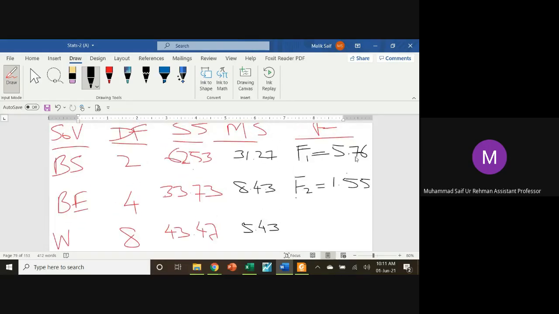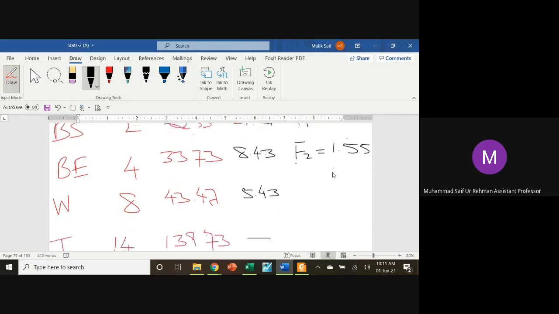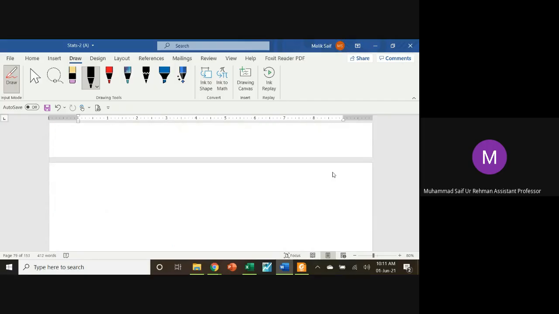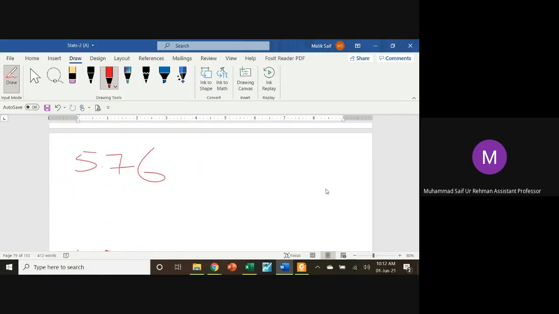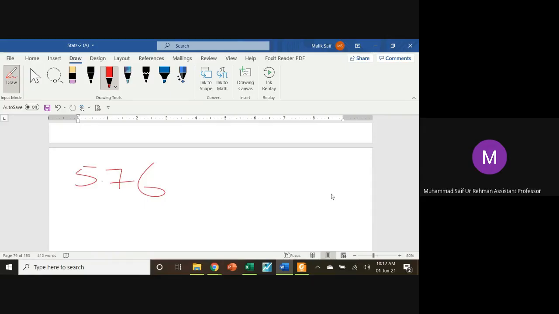So now you have to compare these values with the tabulated values. Write down over here, 5.76 for F1 and 1.55 for F2. What were the tabulated critical values? 4.46 and 3.84 if I recall my memory.